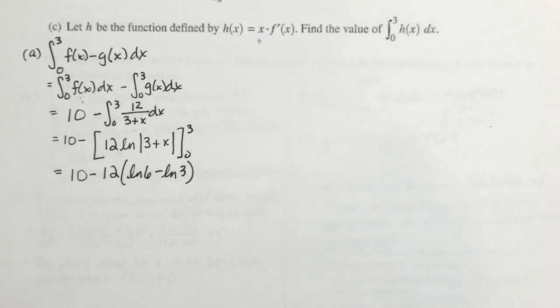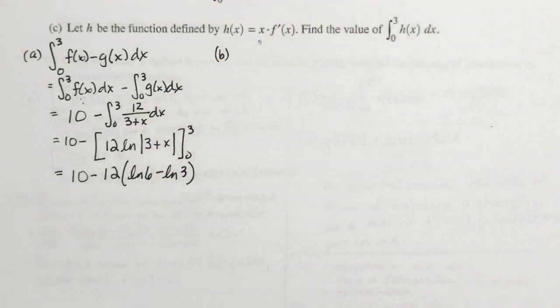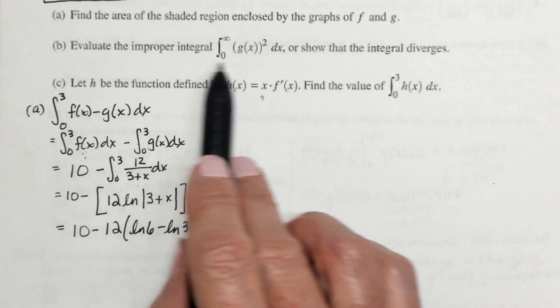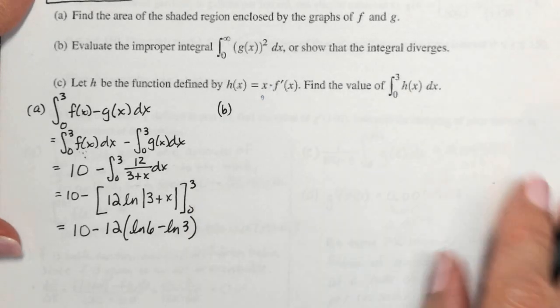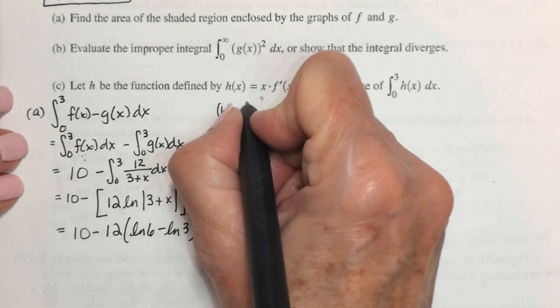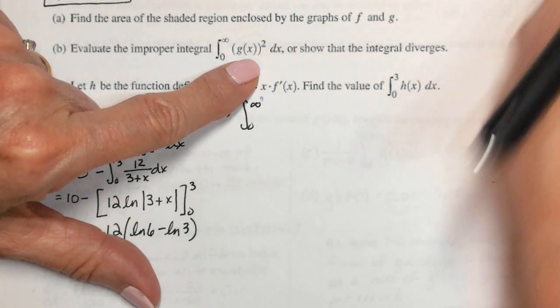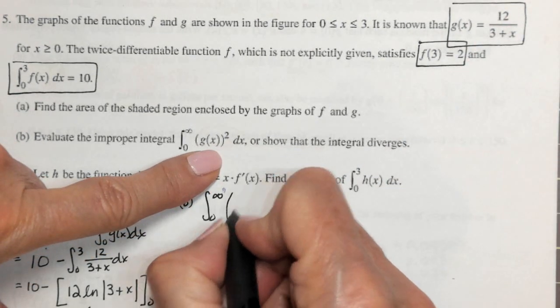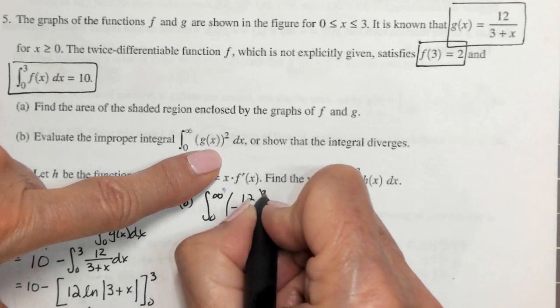Feeling good? I'm feeling good about part A. Let's go on to part B. Evaluate this improper integral or show that it diverges. Now we have the integral from 0 to infinity of g of x squared, and I know what g of x is, so 12 over 3 plus x, squared.